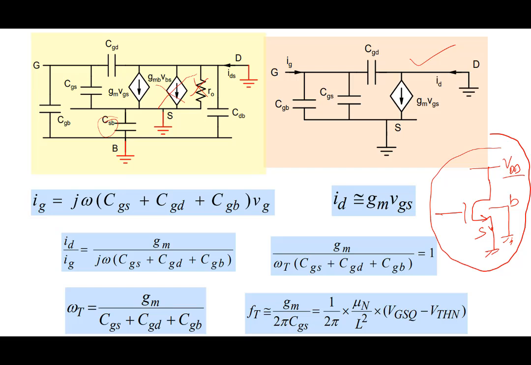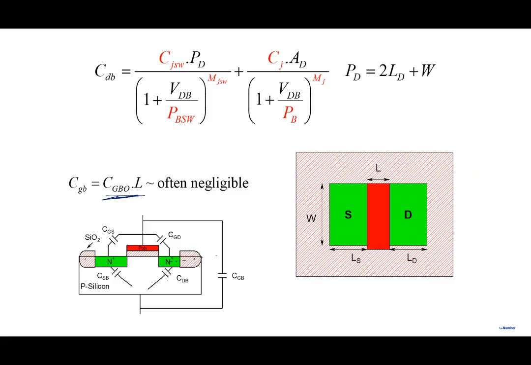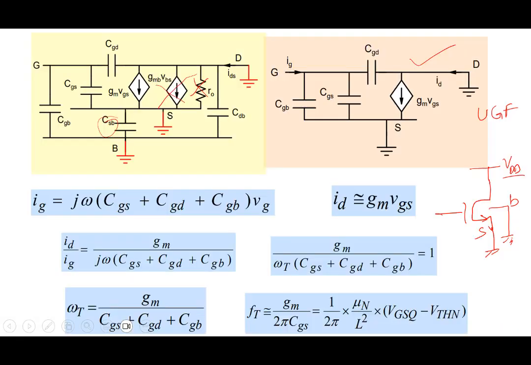Now what we are trying to find out is the UGF here, the unity gain frequency. In unity gain frequency, we add a sinusoidal current here and look at the sinusoidal current in the drain, right?